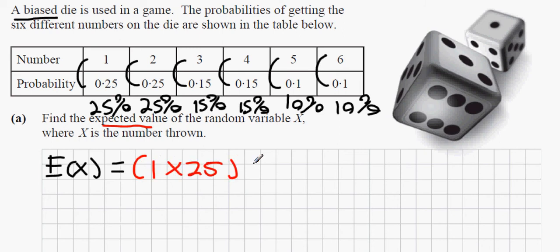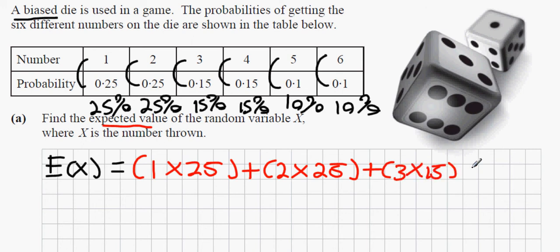It'd be 2 multiplied by 25, because you get 25% out of 100, you get 2 games. 3 games would be, you get 3 multiplied by 15, plus 4 multiplied by 15, plus 5 multiplied by 10, and 6 multiplied by 10.